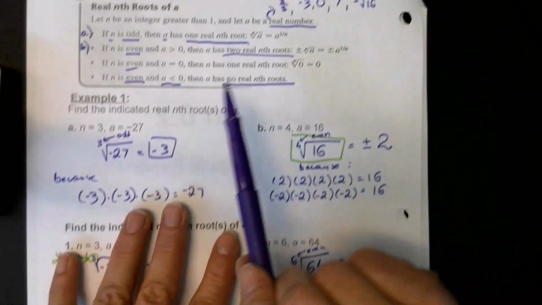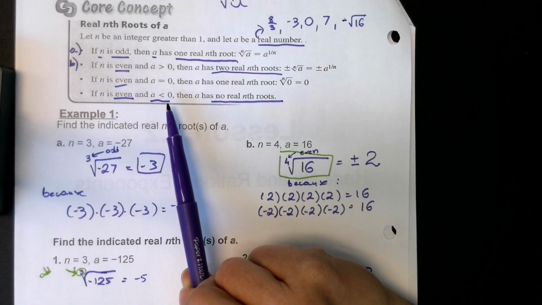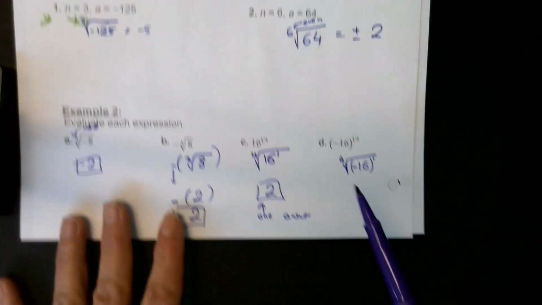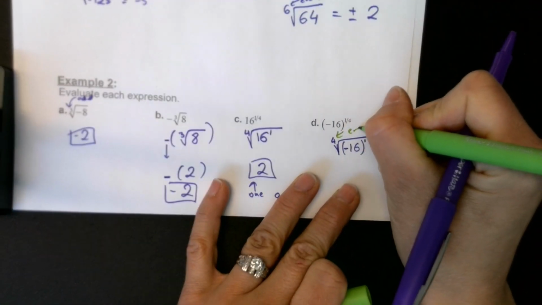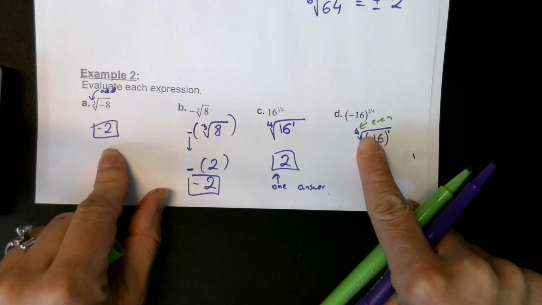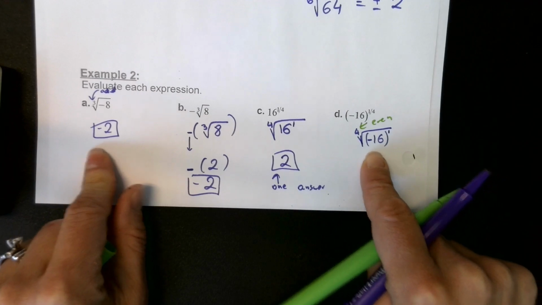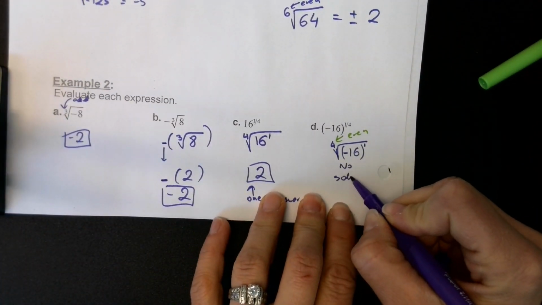It's right here. It says, if n is even and a is less than 0, you will have no solution. N is even. See how this was odd? We could solve the odd. But if it's even, there will be no solution.